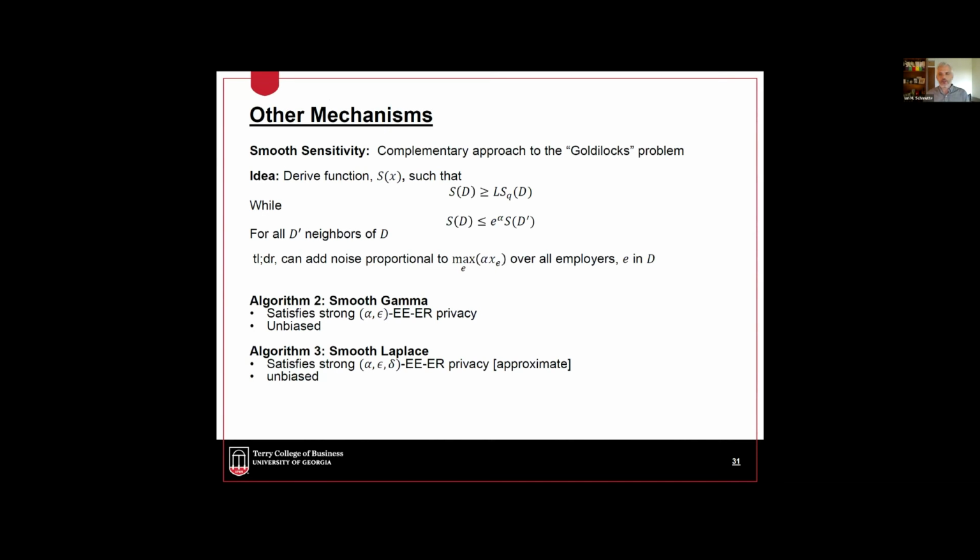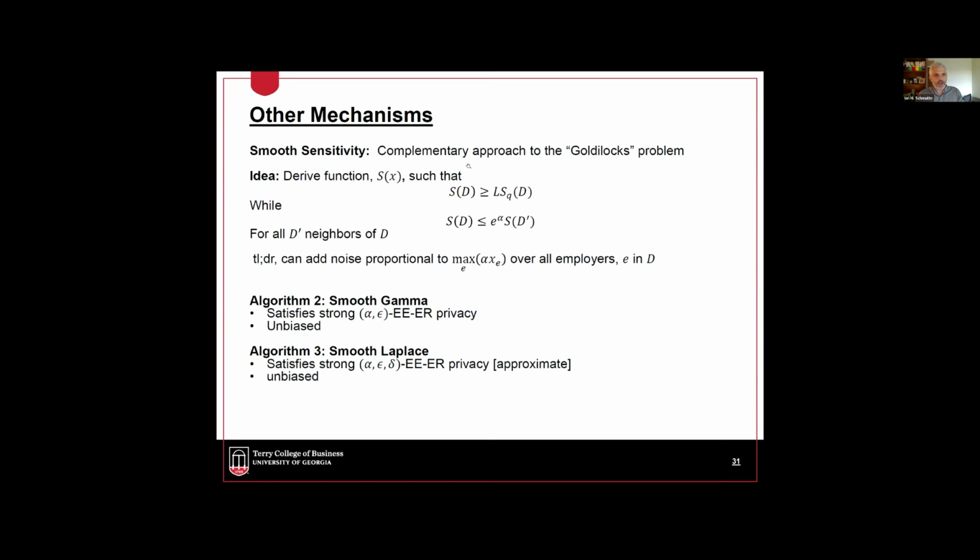They also introduced some other mechanisms using an approach called smooth sensitivity, and this is a complementary approach to the Goldilocks problem. Here, the idea is like in the Chetty-Friedman case: you want to find some bound on local sensitivity and use that as the noise scaling factor in operating, say, the Laplace mechanism.